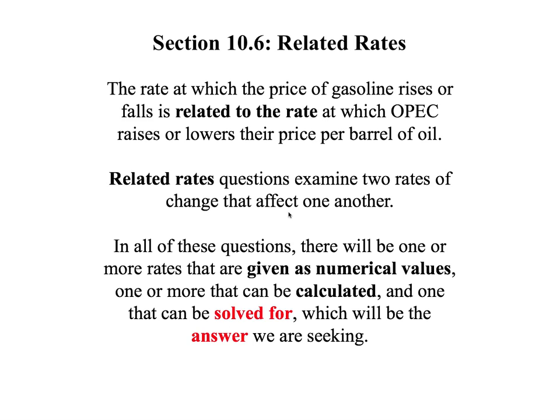Now, in these questions, there will be one or more rates that are given as numerical values, and one or more that can be calculated, and then one we will be solving for, and that will be the answer that we're seeking.